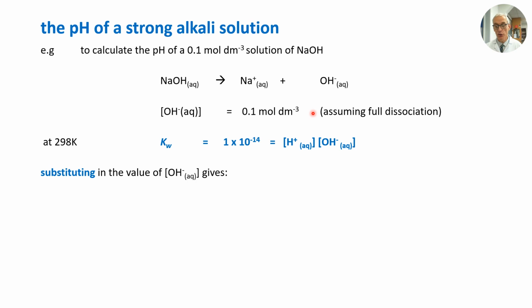Then if we substitute in the value of the concentration of hydroxide ions, we can rearrange and solve for the concentration of hydrogen ions. So rearranging gives us the concentration of hydrogen ions at 1 times 10 to the minus 13. We then put that value into the pH definition to produce a pH of 13, which is a pH you will recognize as likely for a 0.1 mole per decimeter cubed solution of a strong alkali, sodium hydroxide.